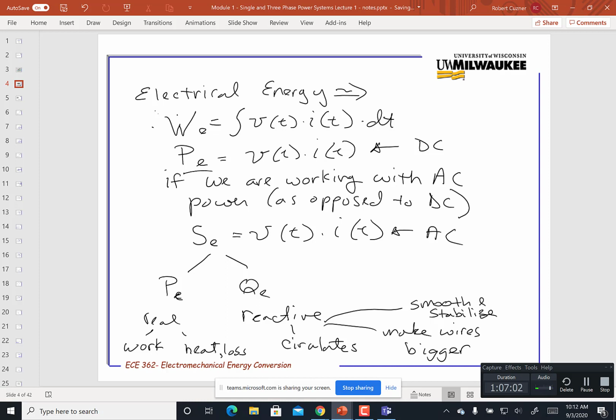Now, the way I'm describing this is a time domain signal, and at any value of t, let's say t equals t prime, there is an SE prime at that time, and that instantaneous value of SE is your scalar.